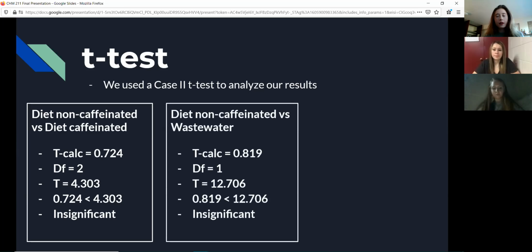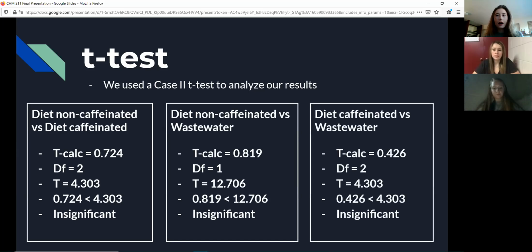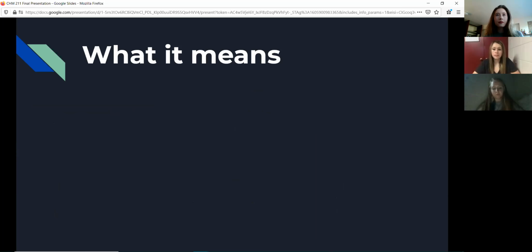For the diet non-caffeinated soda versus the wastewater, we found a t-calculated value of 0.819, which again was insignificant compared to our t-crit value of 12.706. And for the diet caffeinated soda versus the wastewater, we had a t-calc of 0.426, and the t-crit value was 4.303. So again, it was insignificant.